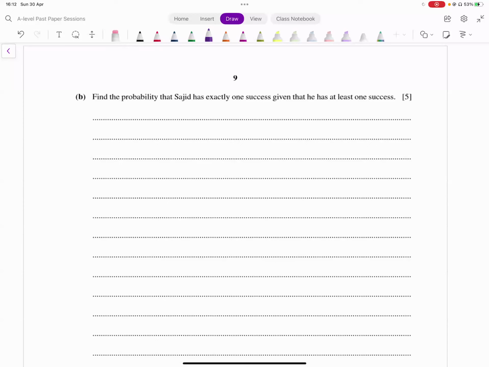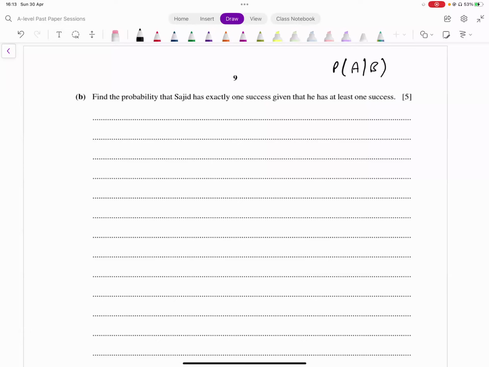that he has at least 1 success. Okay, now this is conditional probability, given that आपके पास आ गया, so you are given something, उसको use करके आपने कोई probability निकालनी है. Remember conditional probability formula, it looks like this.